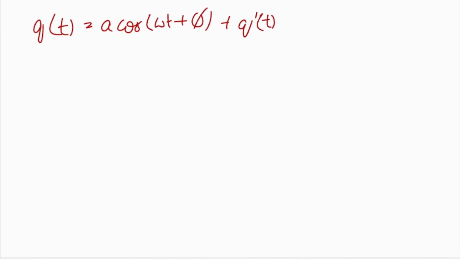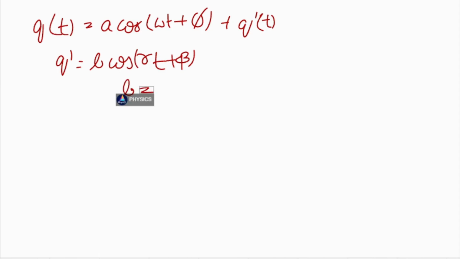And if we have our function of time to be b cos gamma t plus beta, then putting in the equation of motion, we get that b must be F over the appropriate factor in omega and gamma. Okay, we will get this. How?